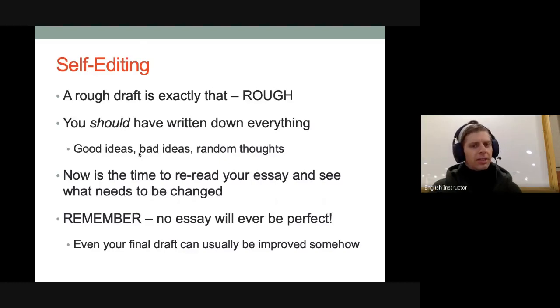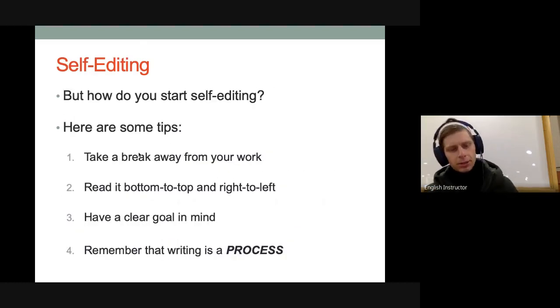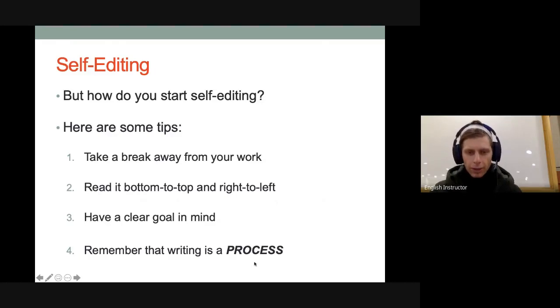And then we talked about self-editing, and I kind of gave you some tips. So the way to break this down, if it didn't make sense, is basically read it backwards. If you read it backwards, you'll actually look at each word that you're reading. Because if you're reading the normal way, your brain will automatically fill in words as they go. And that might not happen as much in English, but it will definitely happen in your native language, whatever your native language is.